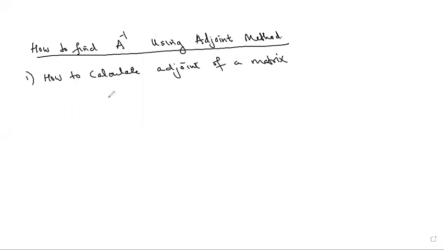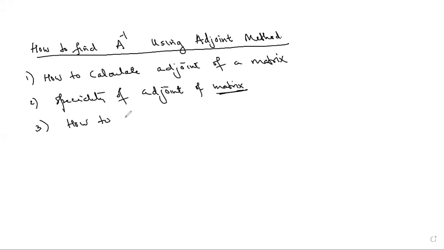After calculating the adjoint of a matrix, the speciality of adjoint. What is the speciality of the adjoint of a matrix? And once you find the speciality, then you will be able to find how to calculate the inverse. These are the 3 points I have to teach you today. Is it clear to you?